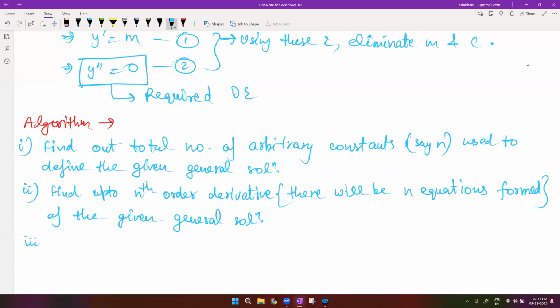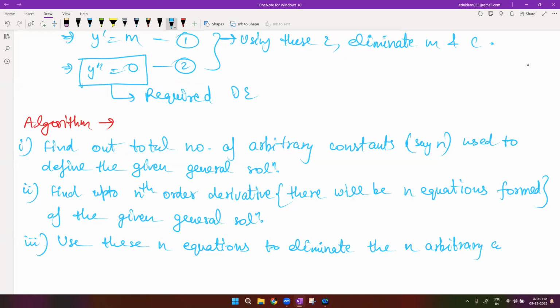And then the third step would be: use these n equations to eliminate the n arbitrary constants, and form an equation in which there is no arbitrary constant, right? Using these n equations.